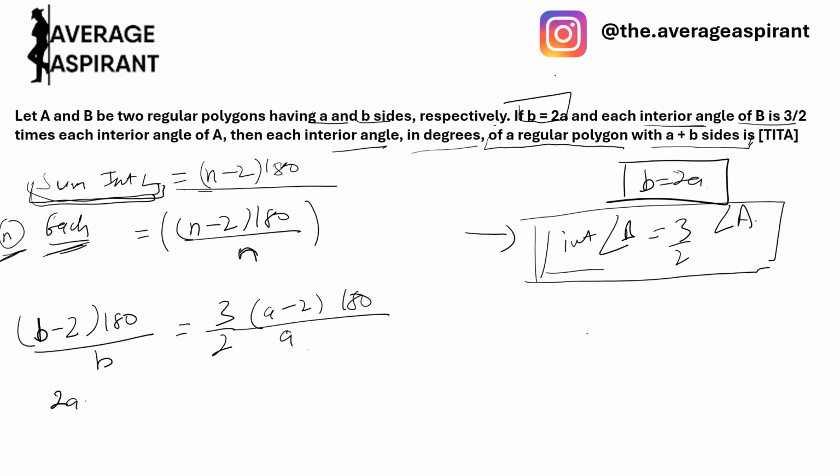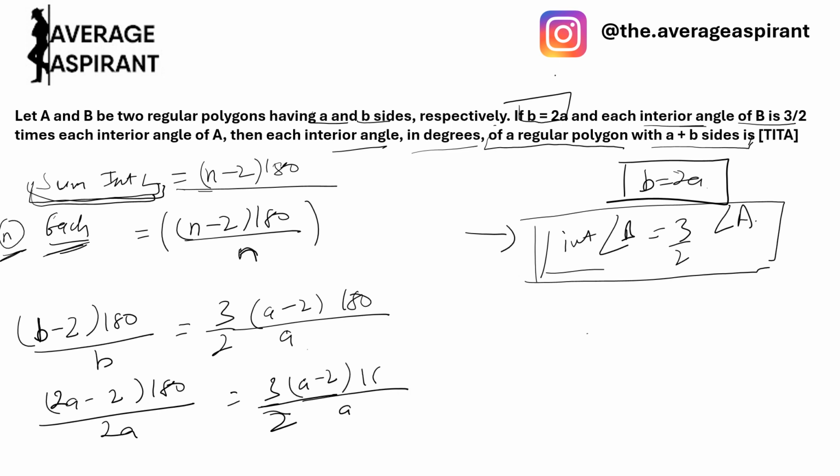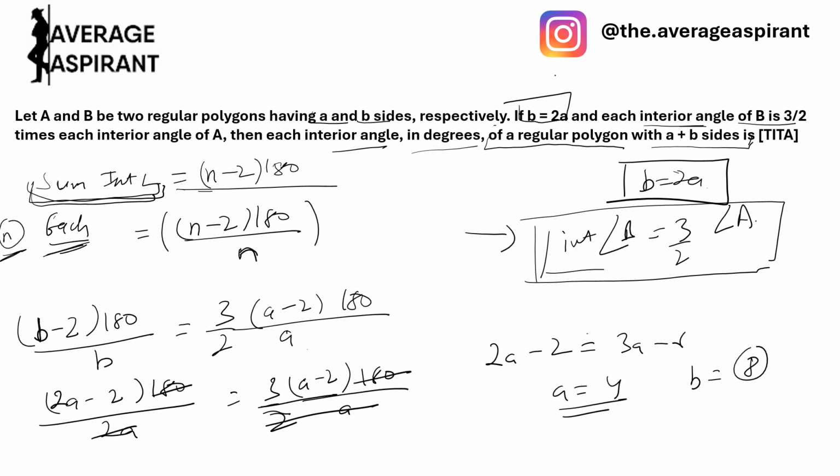So just put it: 2A minus 2 into 180 by 2A is equal to 3 by 2 into A minus 2 into 180 by A. You can cancel 180 and 2A, 2A. So you would get 2A minus 2 is equal to 3A minus 6, and you would get A is equal to 4. So if A is equal to 4, B is equal to 8.